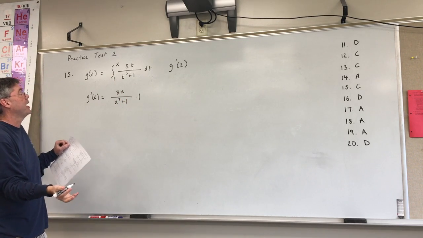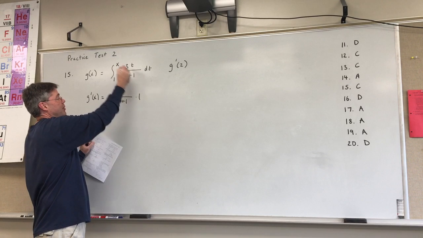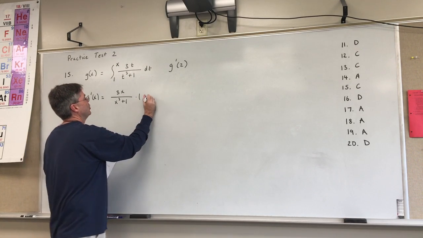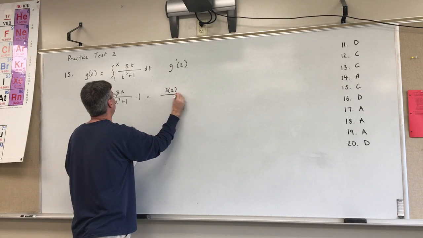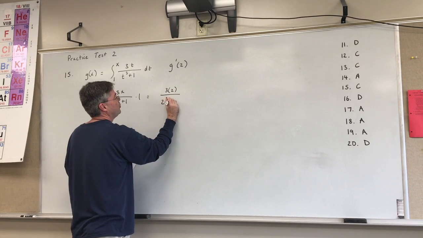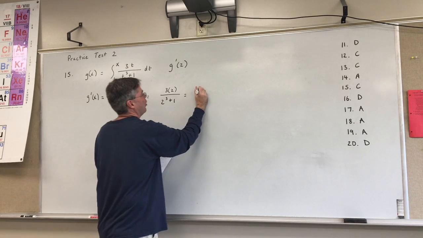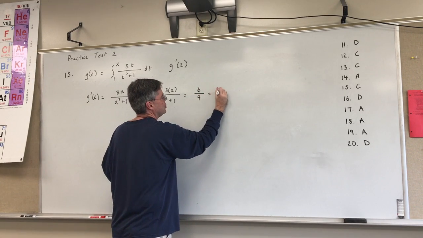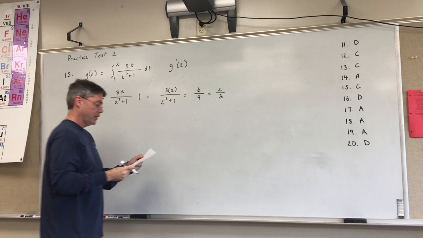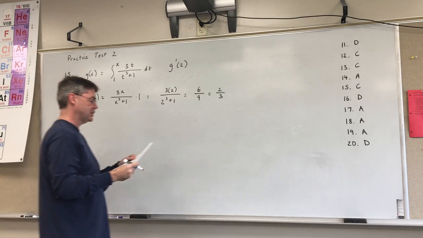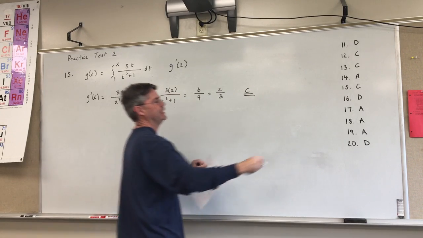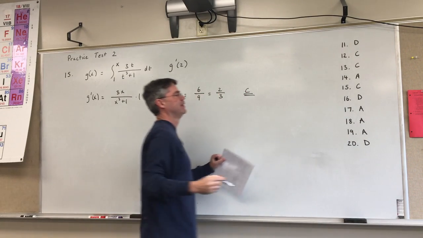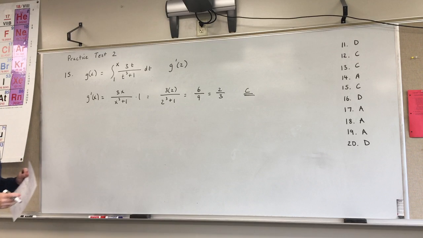Sometimes it's not. If it's x squared, then you'd be times 2x. So we're going to plug in 2: 3 times 2 over 2 cubed plus 1. That's going to be 6 over 9, which is 2/3. 2/3 is answer C. We can see I listed the answers here just in case I made a mistake. I could look at that every time.